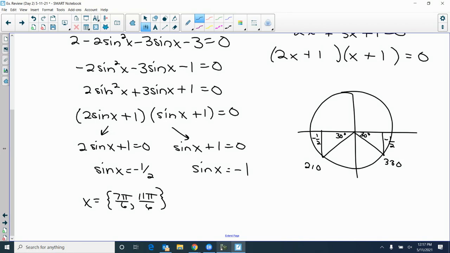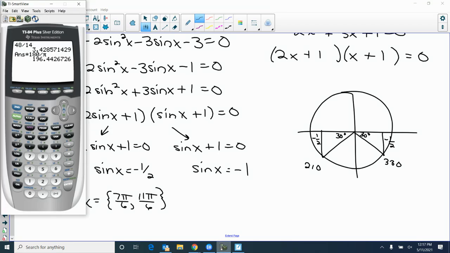Hey, this is the calculator part, so if your brain freezes on you, just do second inverse sine of negative 0.5. Now, it's going to give you negative 30 degrees. It's not going to give you 210. It's not going to give you 330. But you convert that to 330, and you got to know your second angle. There's going to be a second angle. Sine of x equals negative 1.